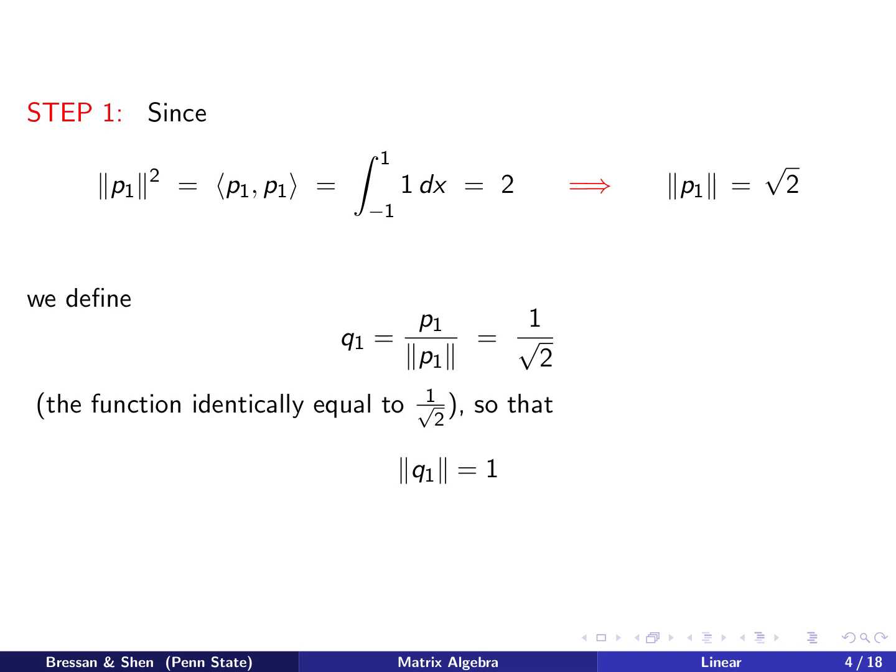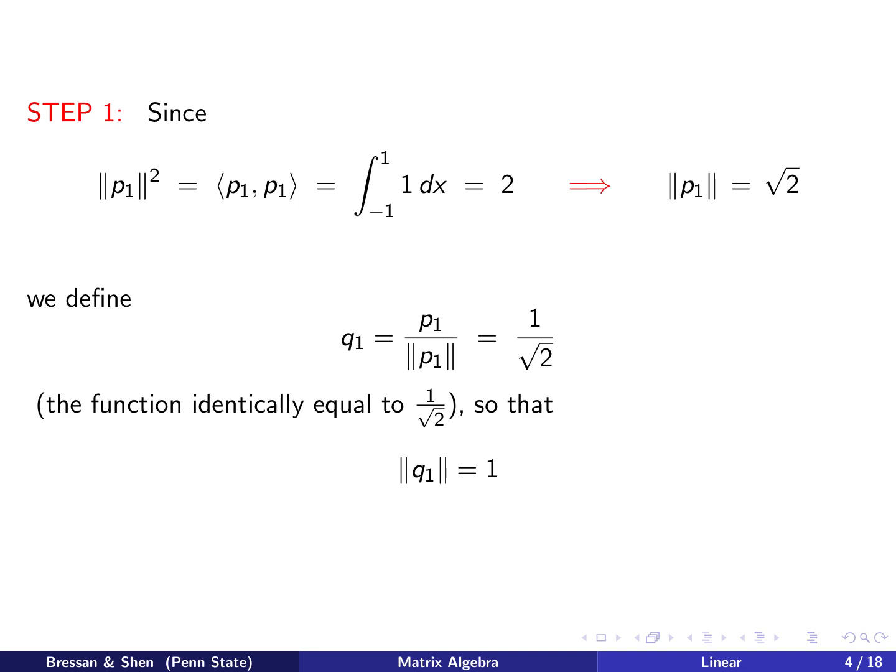Okay, and then we can use that to normalize the P1 vector and get our Q1. So Q1 will simply be P1 divided by the norm of P1, which will be 1 over the square root of 2. So this is a function identically equal to the number 1 over the square root of 2 for all the x values.